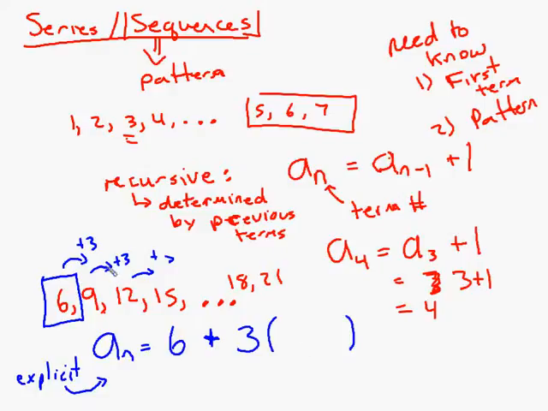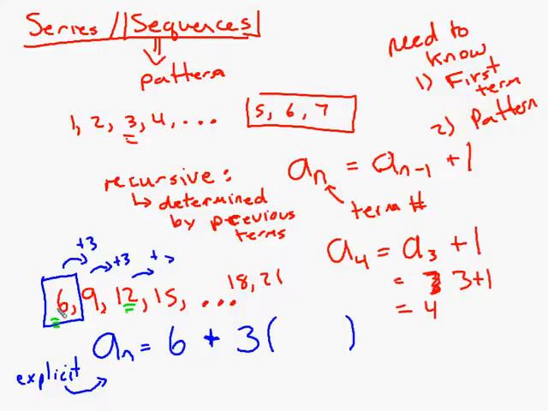Like if I go to this term right here, 12, how many times have I added 3? 2. Okay, if I started the first term, how many times have I added 3? If I want the first term, how many times have I added 3? 0. I don't know where you're getting 2 and 3 from, because if I start right here, have I added a 3 yet?